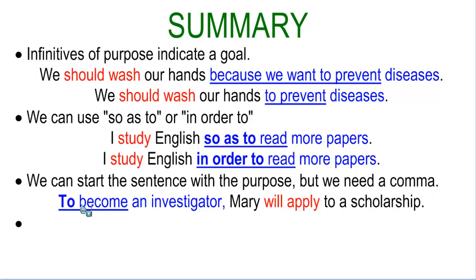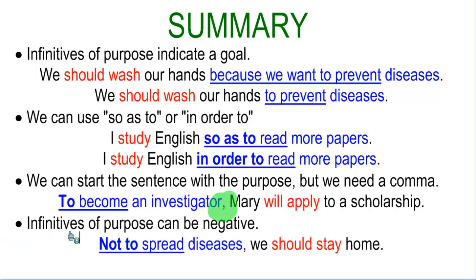So you could say, to become an investigator, Mary will apply to a scholarship. Or if you want, you could change the positions and say it in the normal way: Mary will apply to a scholarship to become an investigator. But the important thing here is, don't forget please to use your comma. Okay, that's an important thing. You need to use the comma.